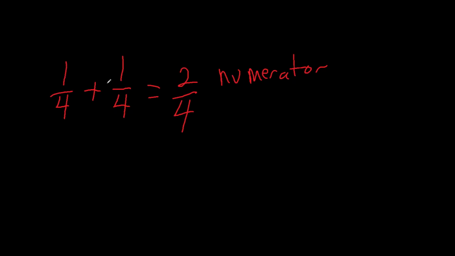That tells you how many sections of that total you're going to use. The bottom is the denominator, and it tells you how many parts that whole is cut into. If you have 2/4, you can reduce that by 2, then that becomes 1/2. Okay?